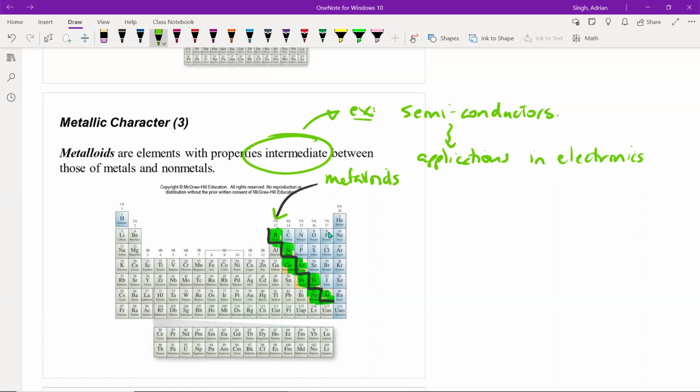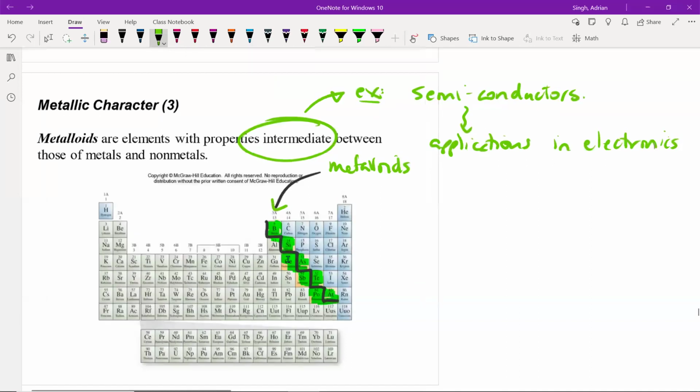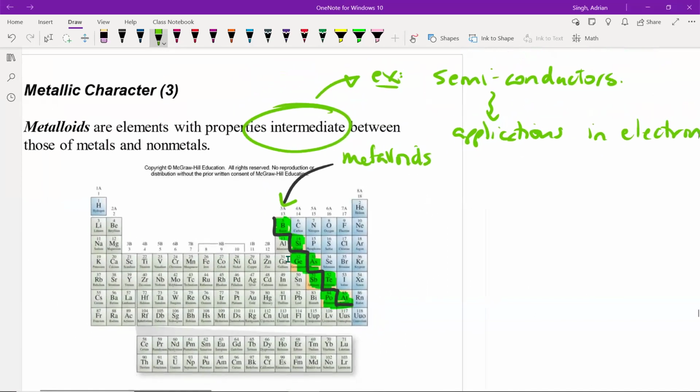A good example of this would be this one right here. So Si, silicon, is found in a whole host of electronics. Okay, so silicon, Si, not silicone, that's different. But silicon is a very widely used semiconductor. It's a metalloid.